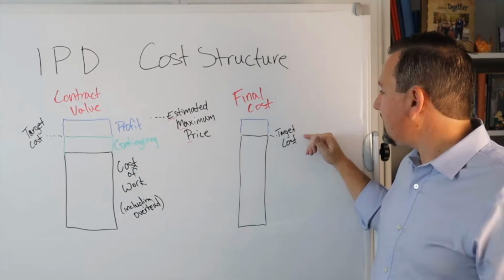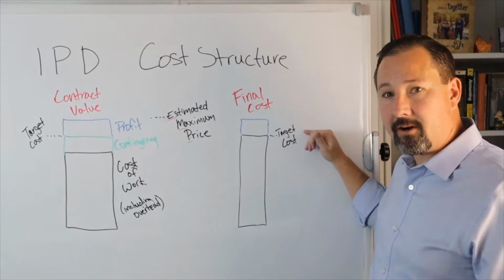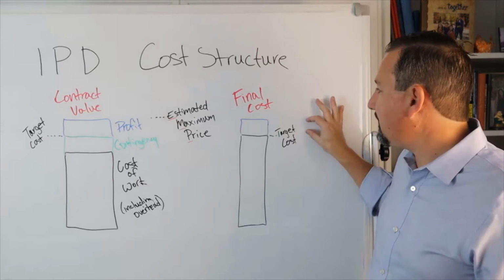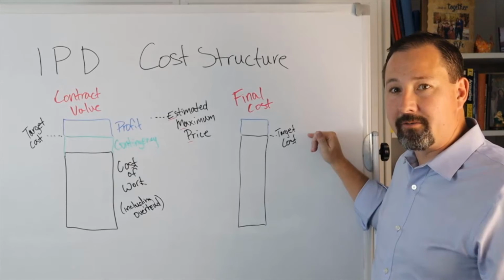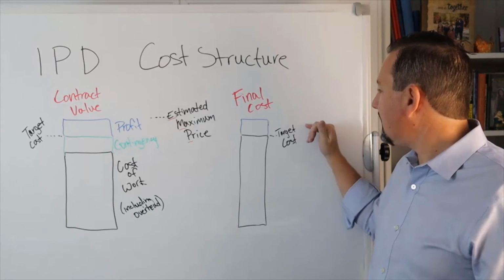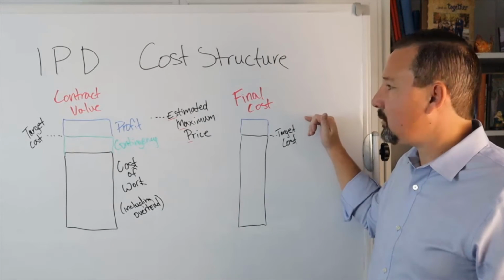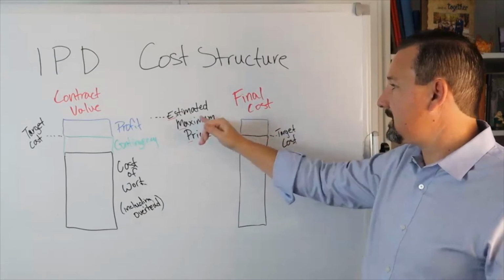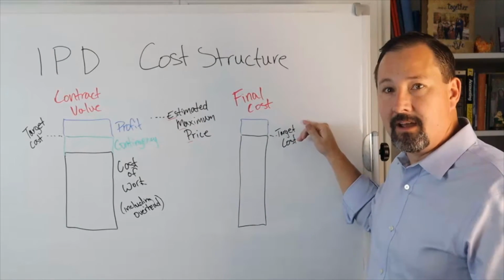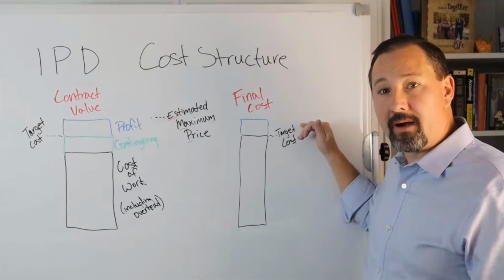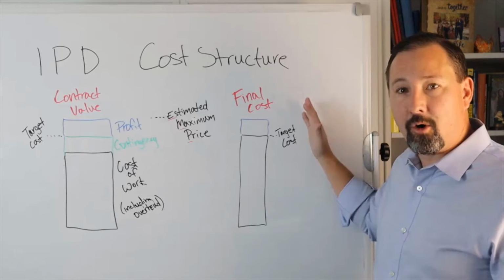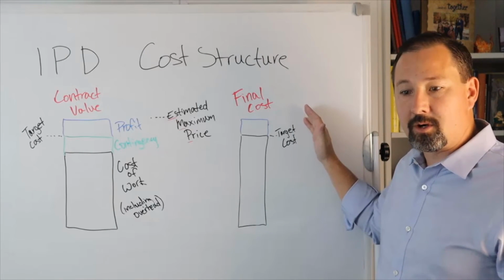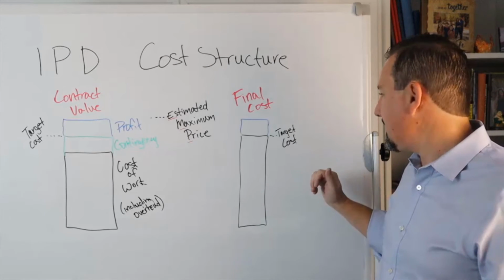If the project cost exceeds the target cost, then we'll see this profit band starts to get smaller for the team. And if the actual cost exceeds the target cost plus the profit, or it exceeds the estimated maximum price, then the team will get no profit on the job and the owner will pay for all costs at actual cost, including overhead for the team.